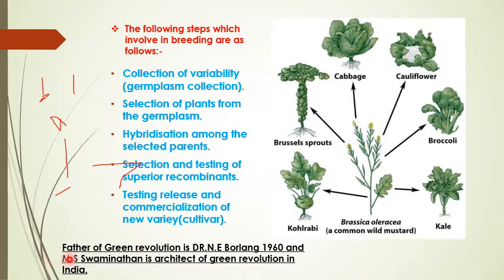So as we all know, who is the father of the green revolution? What is the meaning of green revolution? Green revolution means growing more green crops in our agriculture, which was given by Dr. N.E. Borlaug in 1960, and M.S. Swaminathan is the architect of the green revolution in India.